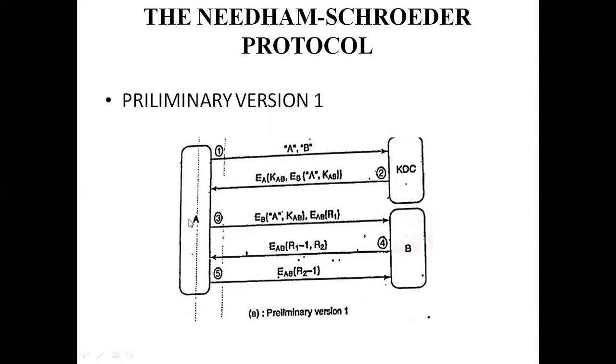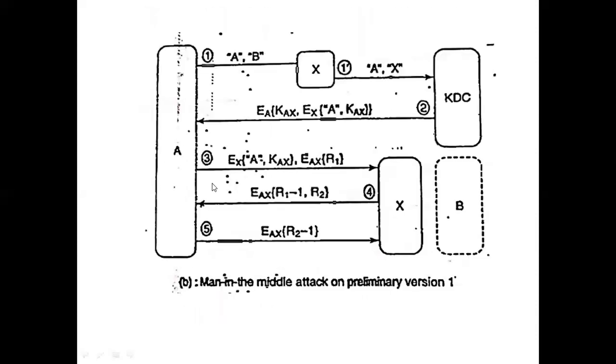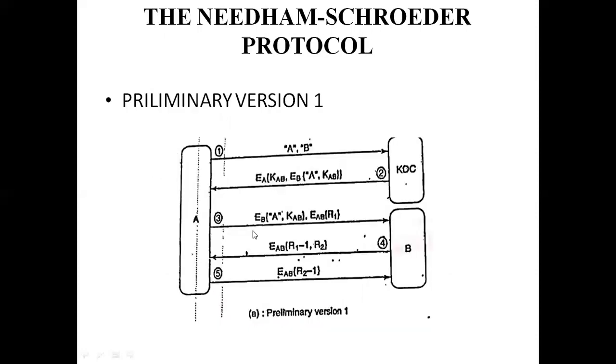In message 3, A forwards the ticket we got in message 2 along with the challenge to B. Here the challenge is this R, the nonce. As I said, a nonce is a random number which is generated only once, and this nonce can be used only once.